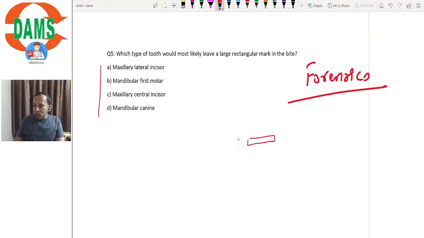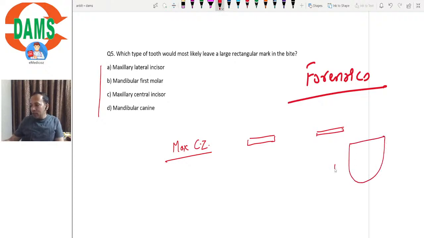So what happens is the maxillary central incisor has a broad incisal ledge, isn't it? So it will leave a large rectangular mark. It is the widest mesiolingually, it is the widest anterior tooth, isn't it?